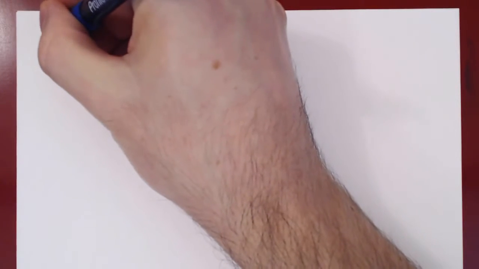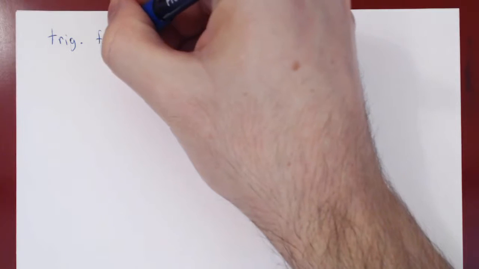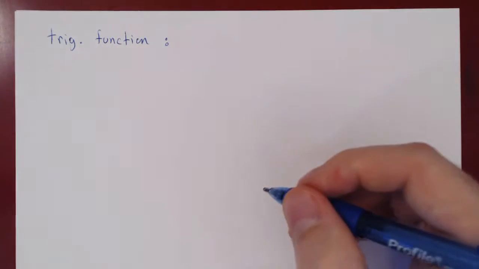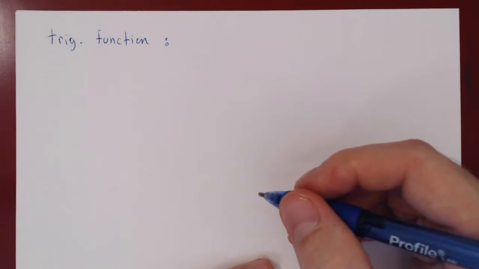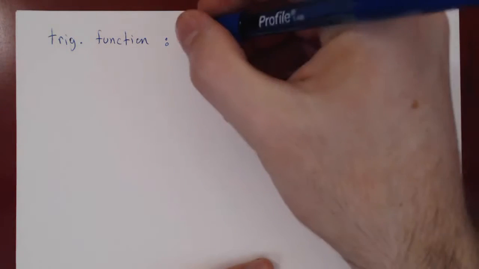So let's just start with understanding what a trig function gives us and what an inverse trig function gives us. If you have a trigonometric function, what it takes is an angle, right? Think of sine, cosine, tangent. You have a right triangle, and the trig function takes an angle as its argument.